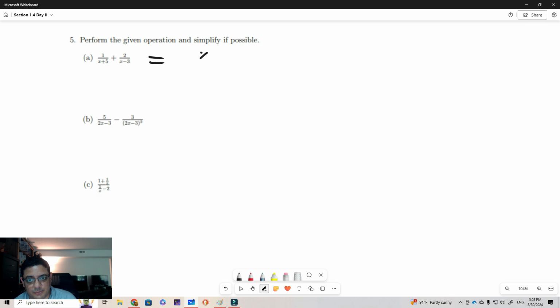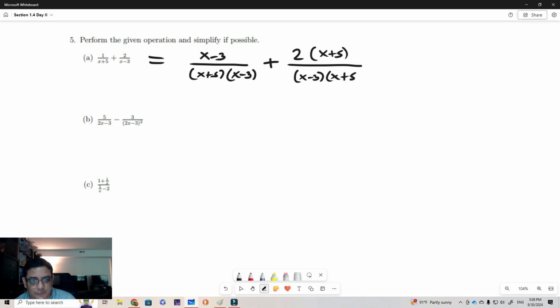So here we'll have x minus 3, and then this will transform to x plus 5 times x minus 3. Then plus, and in the next one, I will multiply by x plus 5. So 2x plus 5, and then I'll have x minus 3, x plus 5.